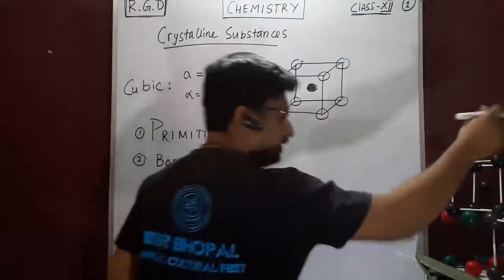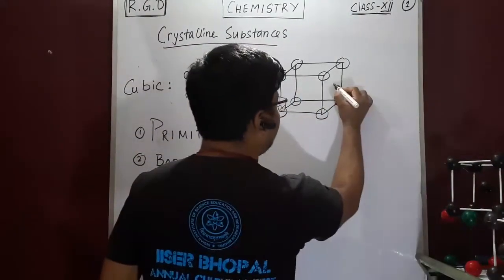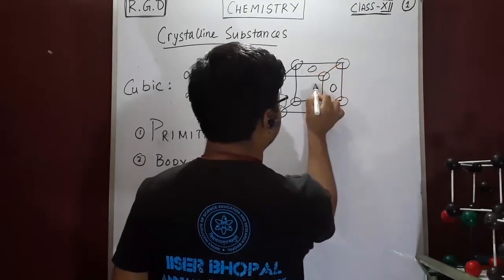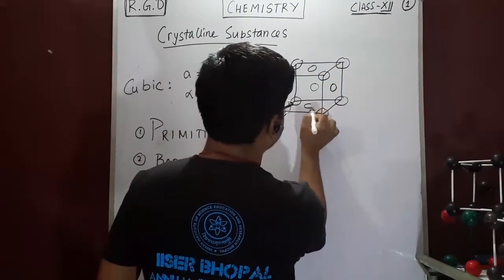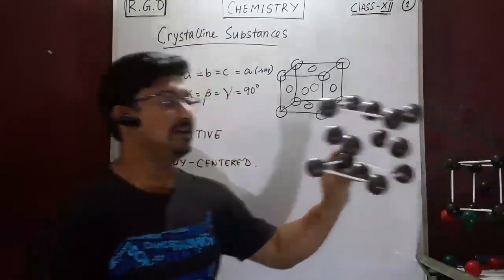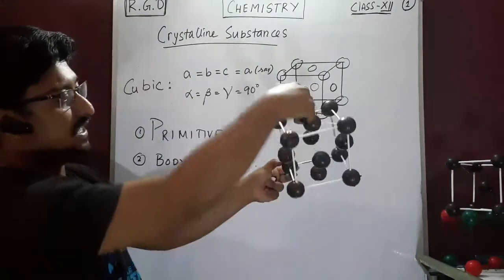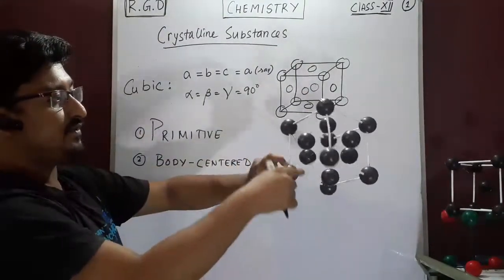Next, what can happen instead of this? Each of the faces can have an atom, like this. See, in this case, each of the faces has one atom each.